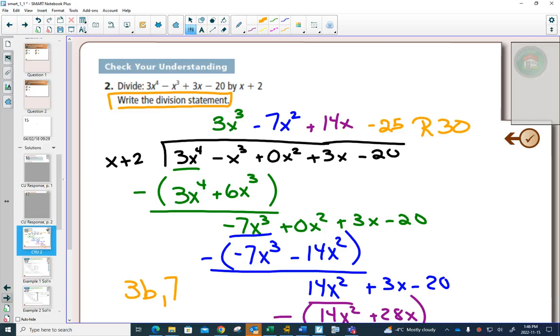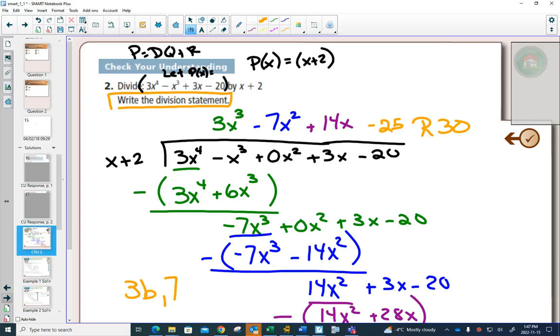Right above the big polynomial, I go let p of x equal, and I'll put that in brackets. Because then I want to write my division statement, Dairy Queen plus remainder, and this lets me, instead of writing all of this again, I can just say p of x equals. What you divided by was x plus 2.